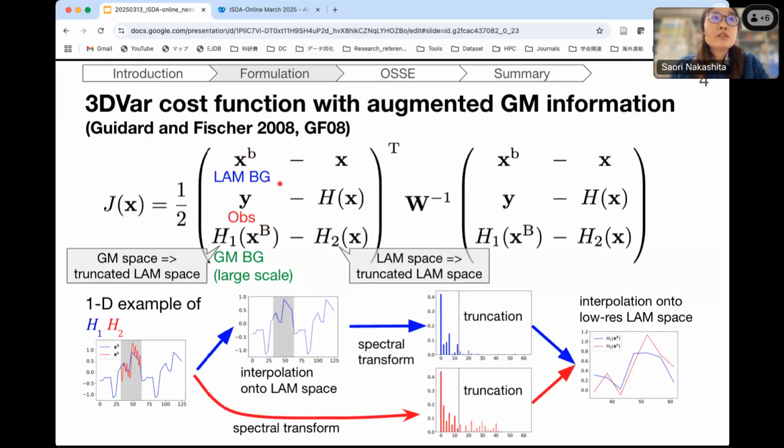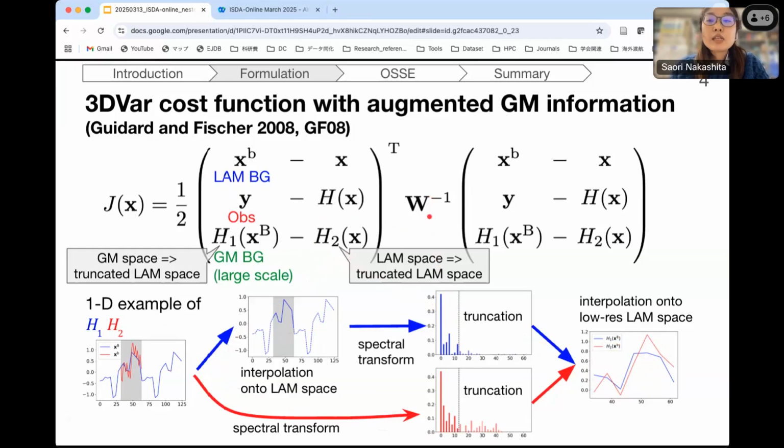In addition to the conventional background term and observational term, GF8 introduced the new information about the GM large-scale backgrounds, defined using the interpolation and truncation operator H1. This H1 projects the state vector in GM space onto the low-resolution LAM space. The corresponding control vector is the truncated LAM state, defined using the truncation operator H2.